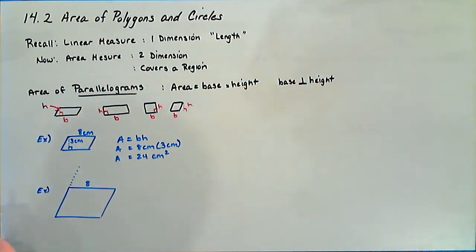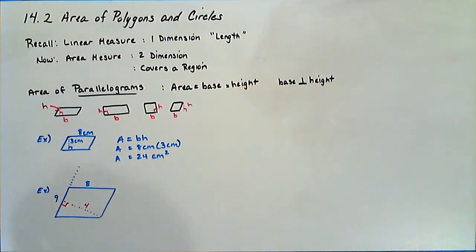And this time, however, I'm going to draw this altitude, which is also called the height, and I'm going to draw it looking this way. I can't really spin my whiteboard around, but you should see that they are perpendicular to each other. And I'm going to tell you that this is 4, and I'm going to tell you this other side is 9.